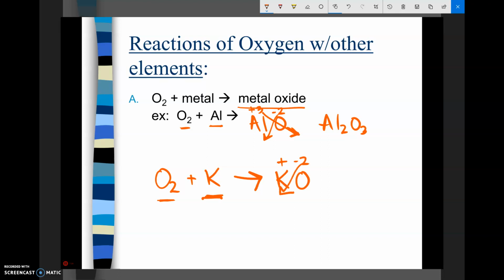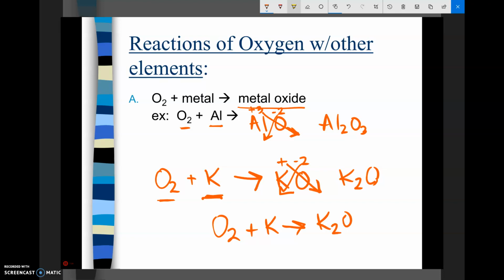So again, the 2 is going to come down behind the potassium, and that 1 is going to come down behind the oxygen. We never show charges, and we never write a 1 like that because it's redundant. The oxygen is already showing that we have 1 there. Okay, so that would be our reaction. O2 plus potassium, and that's going to create potassium oxide.